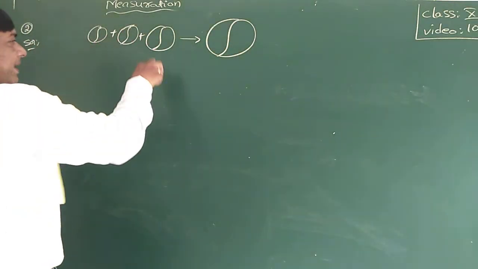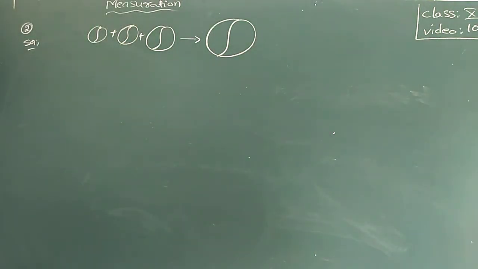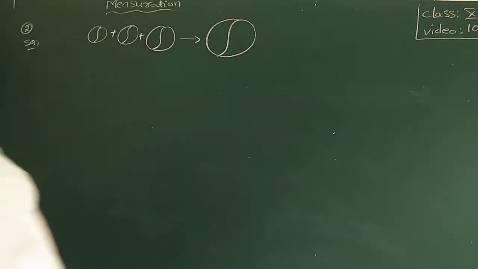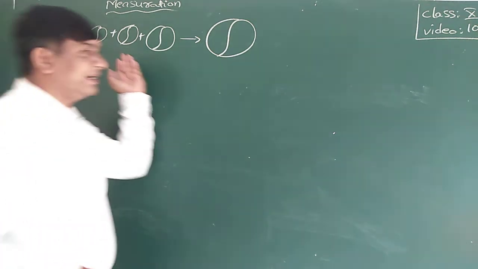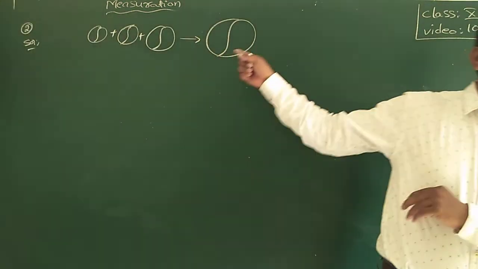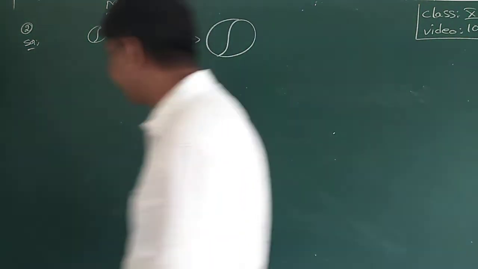These 3 you are combining, you are making into a bigger one. So what is the radius of the first sphere? 6 centimeters. The radius of the first sphere is 6 centimeters, the second sphere is 8 centimeters, the third sphere is 10 centimeters.